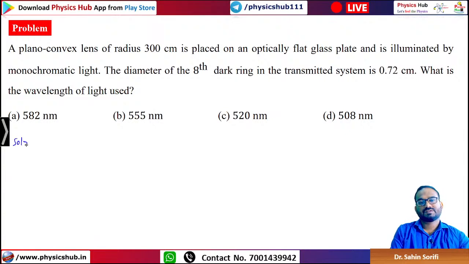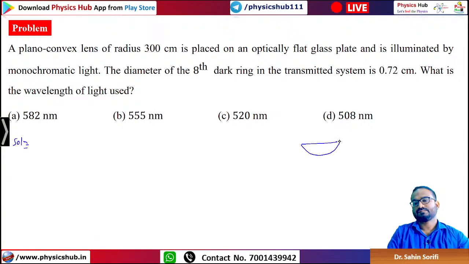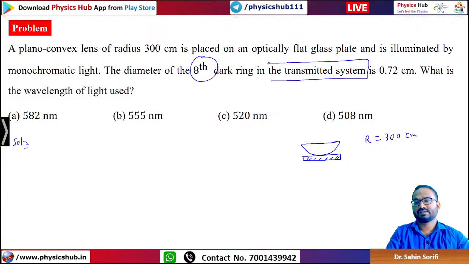So what is given in this question? A plano-convex lens, this is the optically flat surface, of radius 300 centimeter, means radius of curvature is 300 centimeter. Illuminated by monochromatic light. The diameter of the 8th dark ring in the transmitted system is 0.72 centimeter.